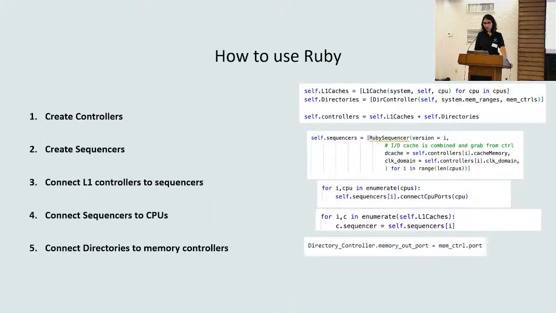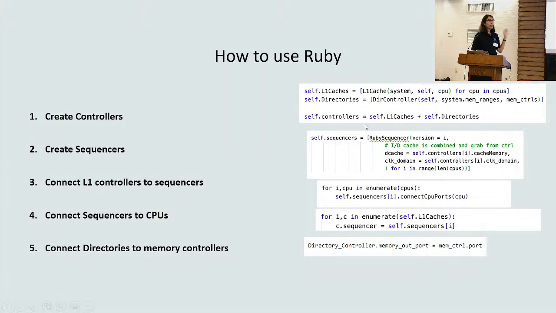Okay. So again, just an example of how, if you want to create a one-level cache, how do we do this? First of all, you create your L1 cache and directory controller, and the number of your L1 caches matches the number of CPUs, because they're private. You, for instance, have one directory here.